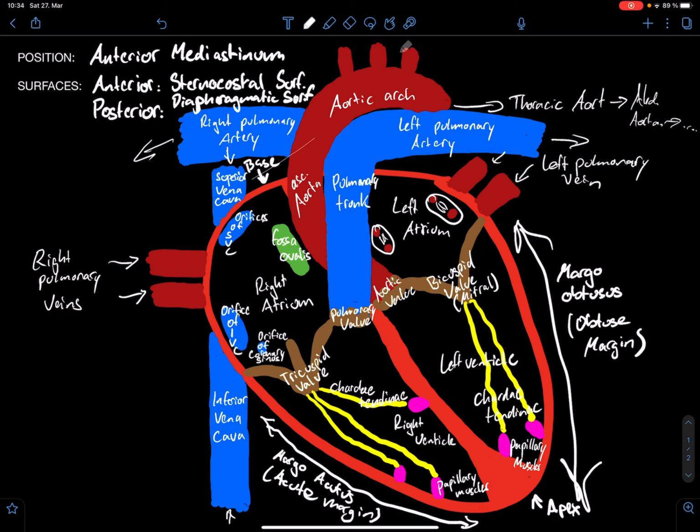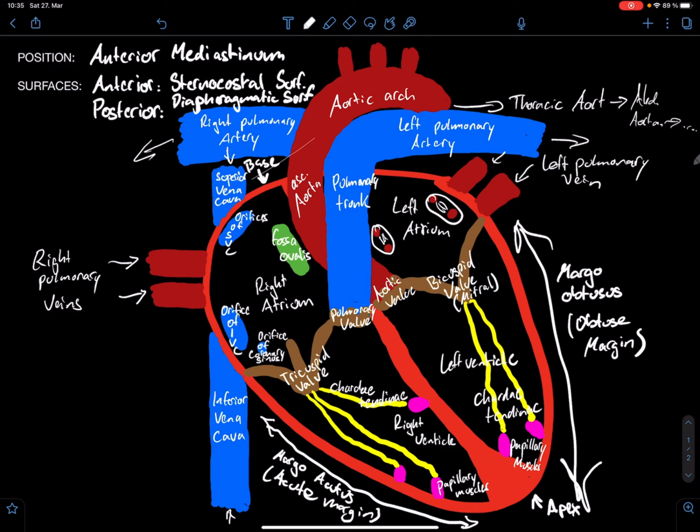You can also see those 3 structures over here. Those are also trunks that originate from the aortic arch. We're going to talk about them later when we talk about different big vessels in the body. So this is basically everything to the heart so far.